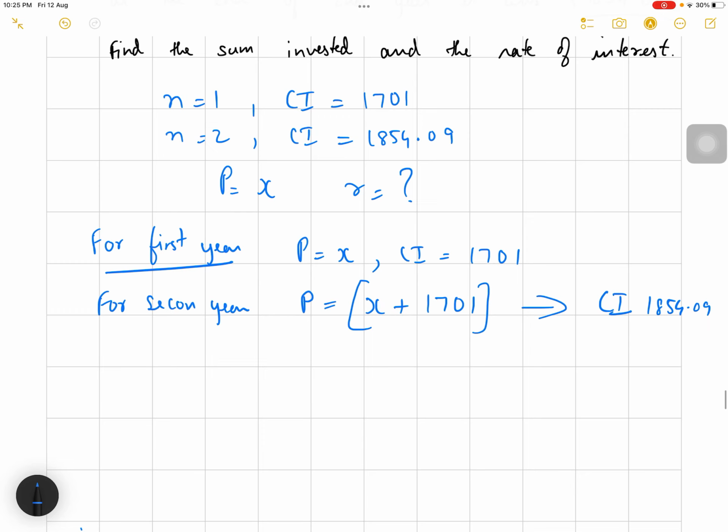So the increase in interest is 1854.09 minus 1701. When you subtract it, it becomes 153.09.